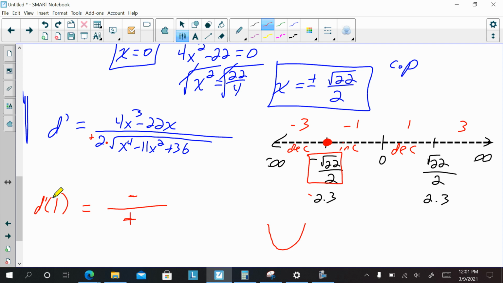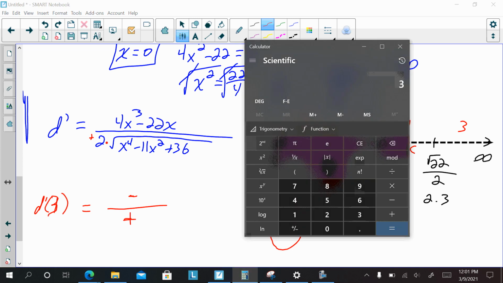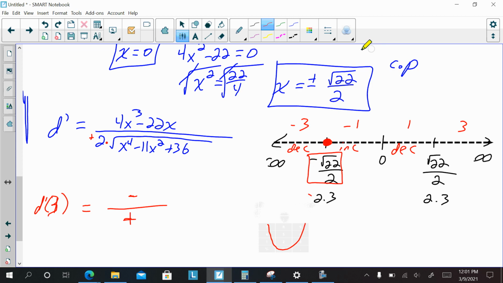And then if we put a positive 3 in, we would have 3 to the third times 4 minus 22 times 3, so minus 66. And that's going to be positive on top. So we're back to increasing. So at this point, we also went from decreasing to increasing. So we have a minimum there.